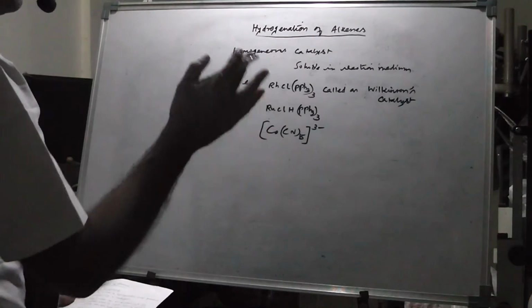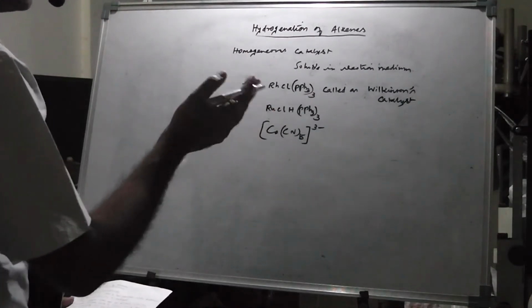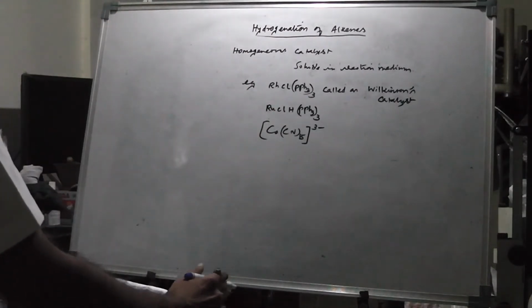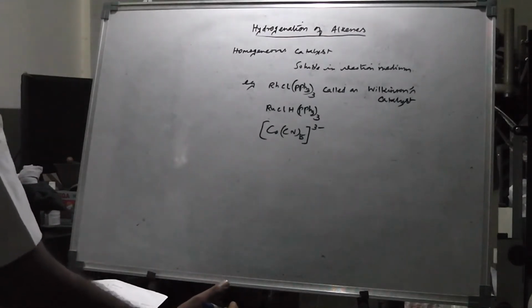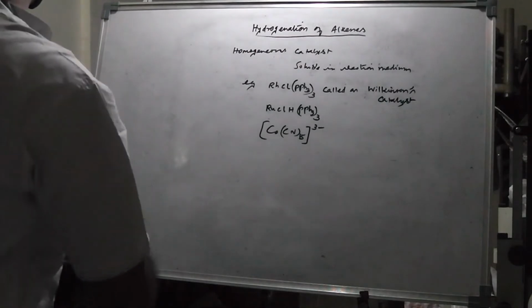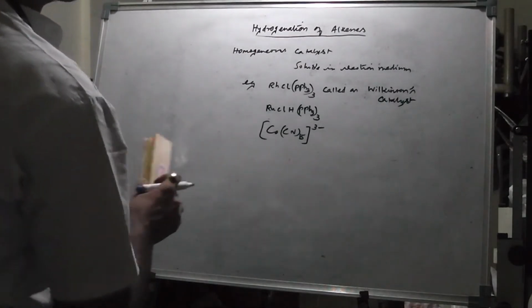Now we need to look at which one has the advantage. Of course, both can be used in different ways. Homogeneous catalysts always have the advantage. Let us discuss the nature of these catalysts.